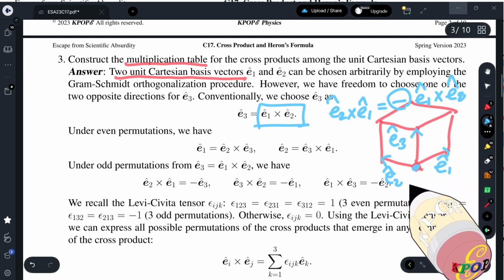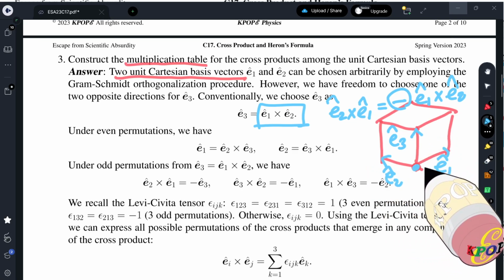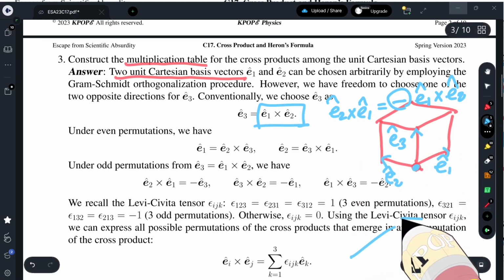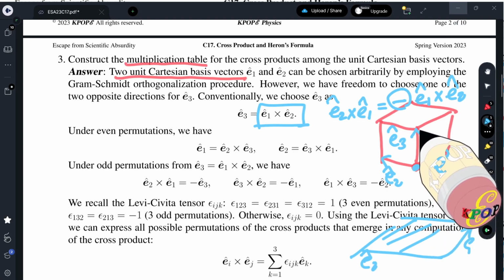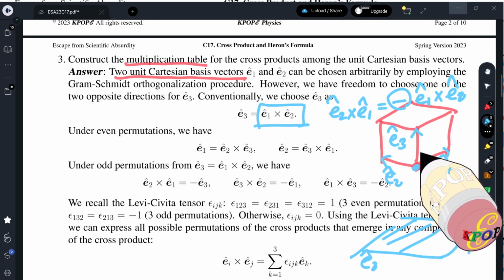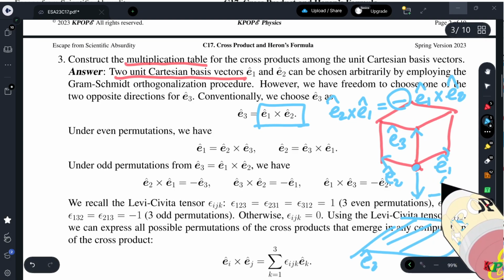So e1 cross e2 is defined by e3, the normal vector of the plane on which e1 and e2 are placed. But there are two directions. This direction is e3 hat, and the other direction is minus e3 hat.